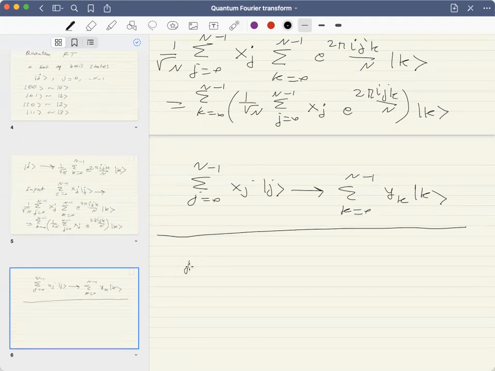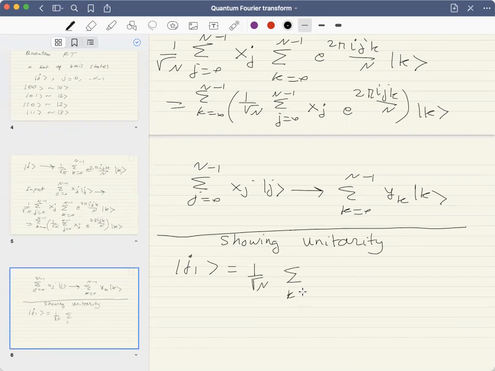So let's consider j1, showing unitarity. This is a dummy summation variable, but let me just call it k1.